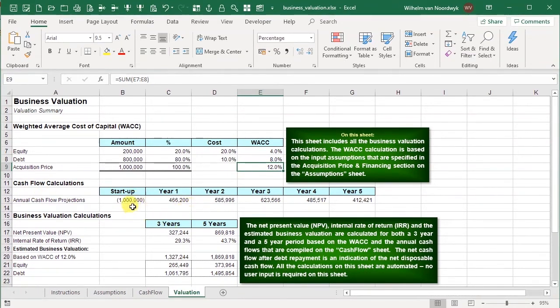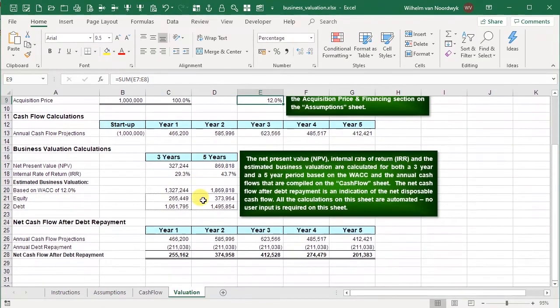Our annual cash flow, so in terms of the business acquisition, you'll spend $1 million to produce these cash flows over 5 years. And then our estimated business valuation, we measure it based on the net present value. So a positive net present value means that it's a good investment.